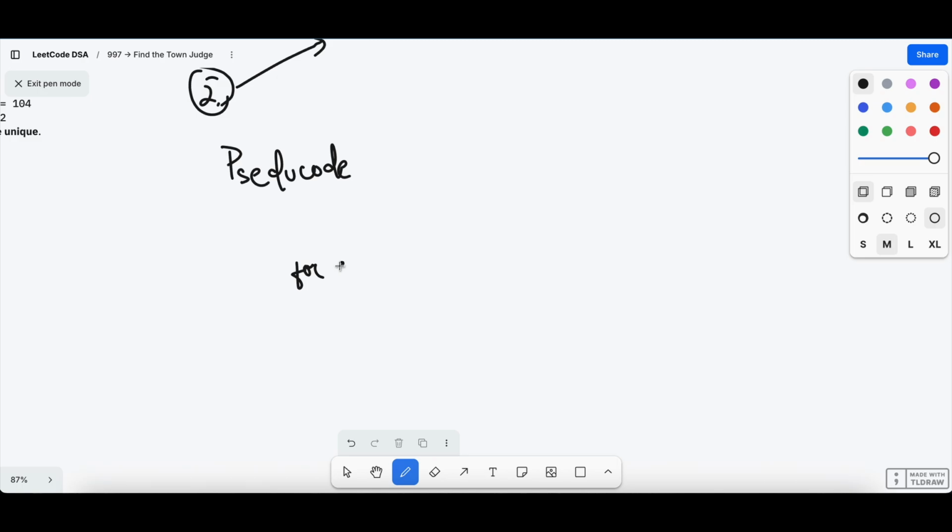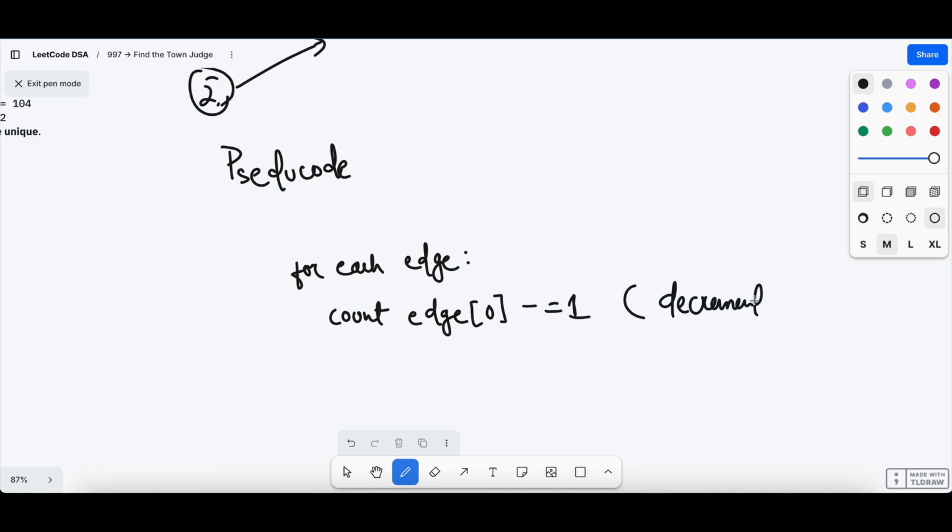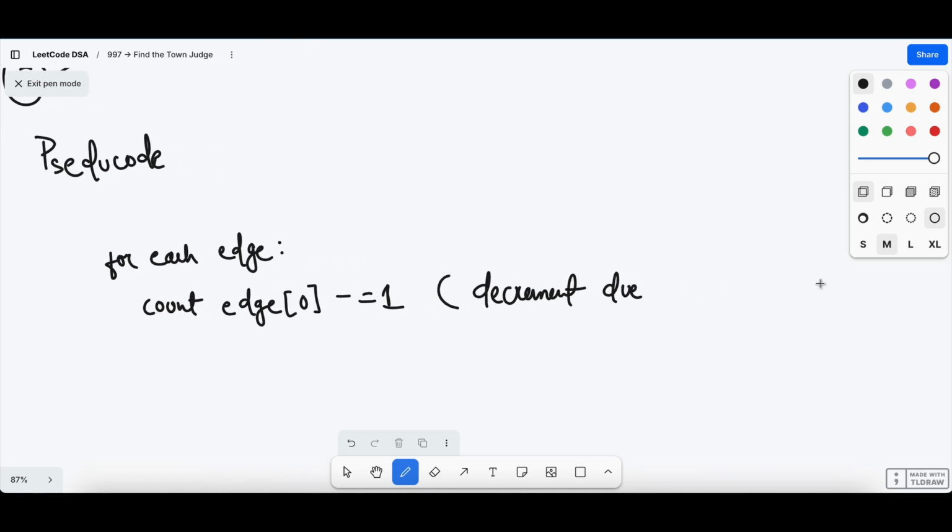For each edge, count of edge 0, the degree, should be decremented by 1 due to out degree.